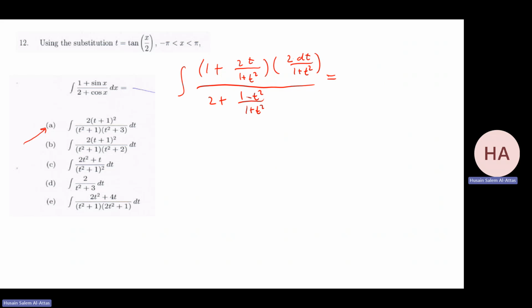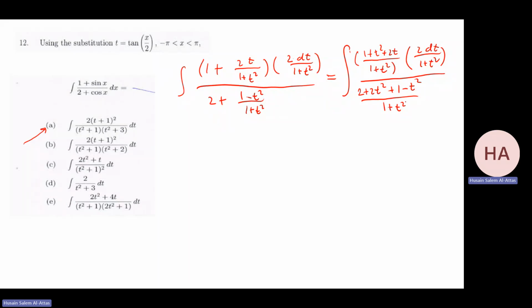That gives me the integral. Here t squared plus 2t, I have 2 plus 2t squared plus 1 minus t squared over 1 plus t squared. This is cancelled with those.